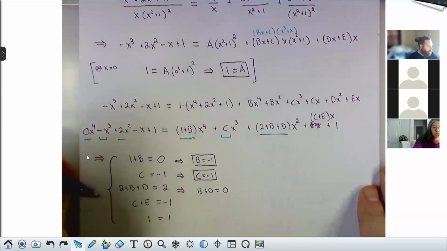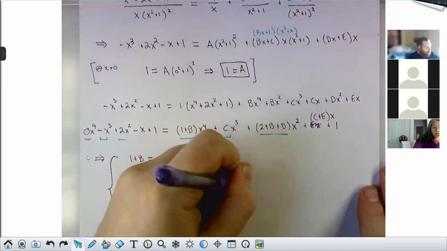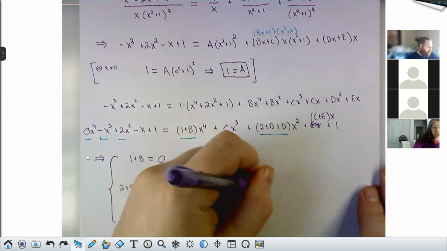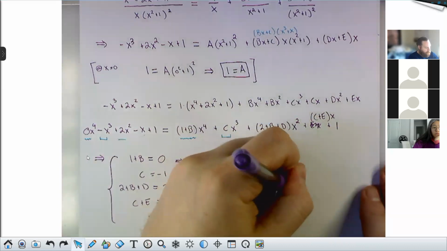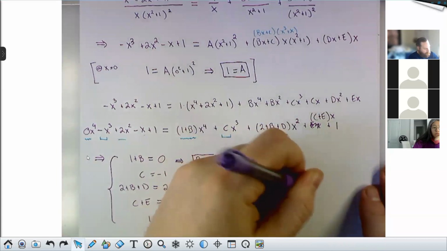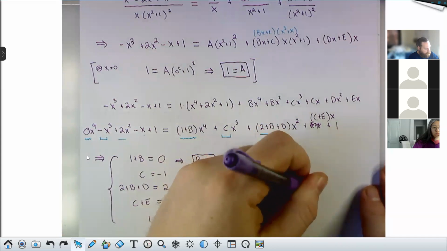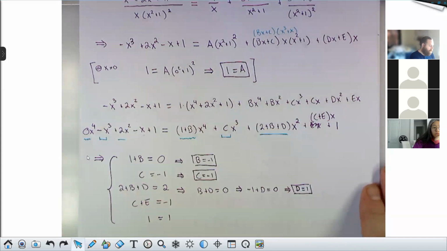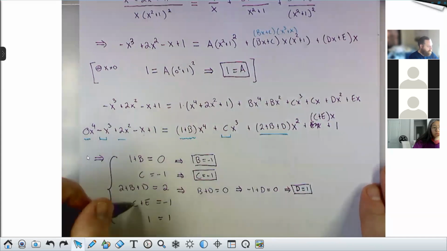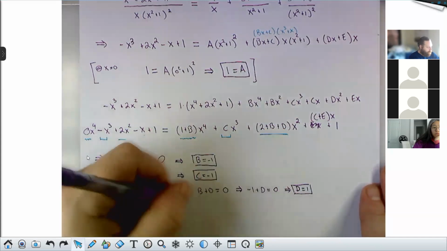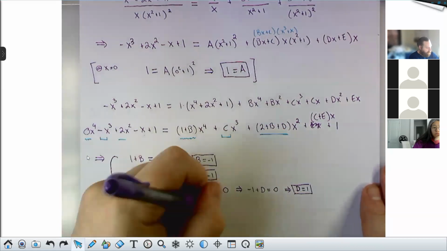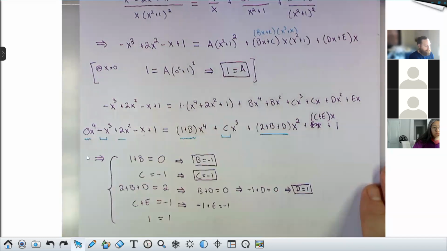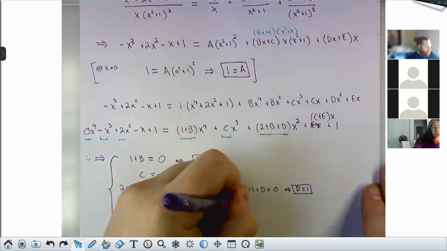Then plugging in -1 for b, you get -1 plus d equals 0. And adding 1 to both sides, you get d equals 1. Finally, c plus e equals -1. You know c is -1. So this means -1 plus e equals -1. Adding 1 to both sides, you get e equals 0.